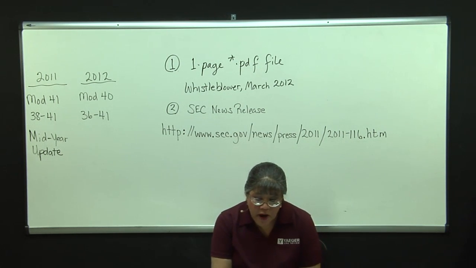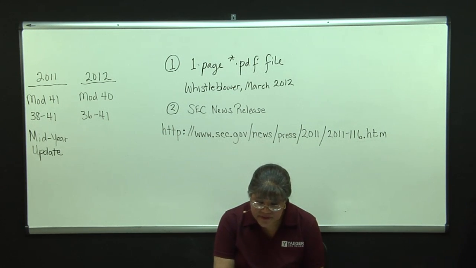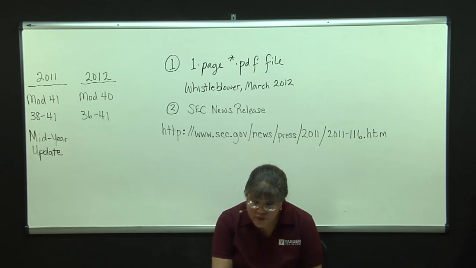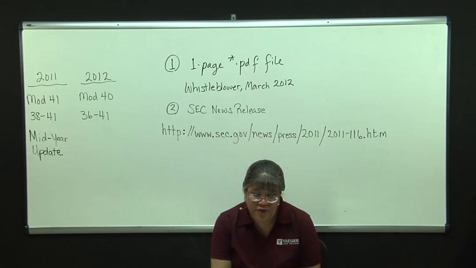Letter C, a broad group of individuals are eligible, including employees, customers, and suppliers. Individuals that are generally excluded from eligibility include, number 1, officers, directors, trustees, and partners of an entity when those individuals learned of the information about the misconduct from another person or in connection with the company's processes for identifying potentially illegal conduct. 2, employees whose main job functions involve compliance or internal audit, or persons who are employed by a firm hired to perform audit or compliance functions or to investigate possible violations of the law.